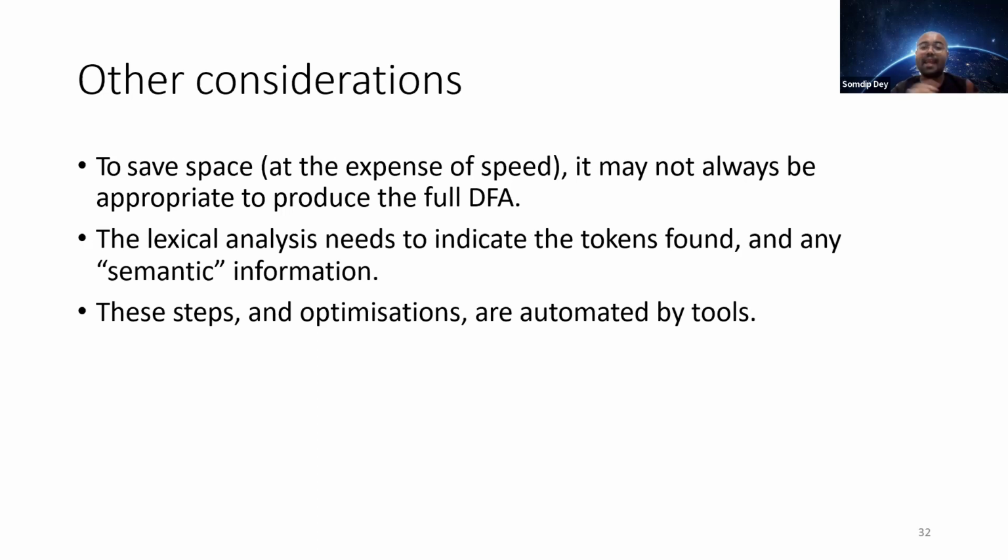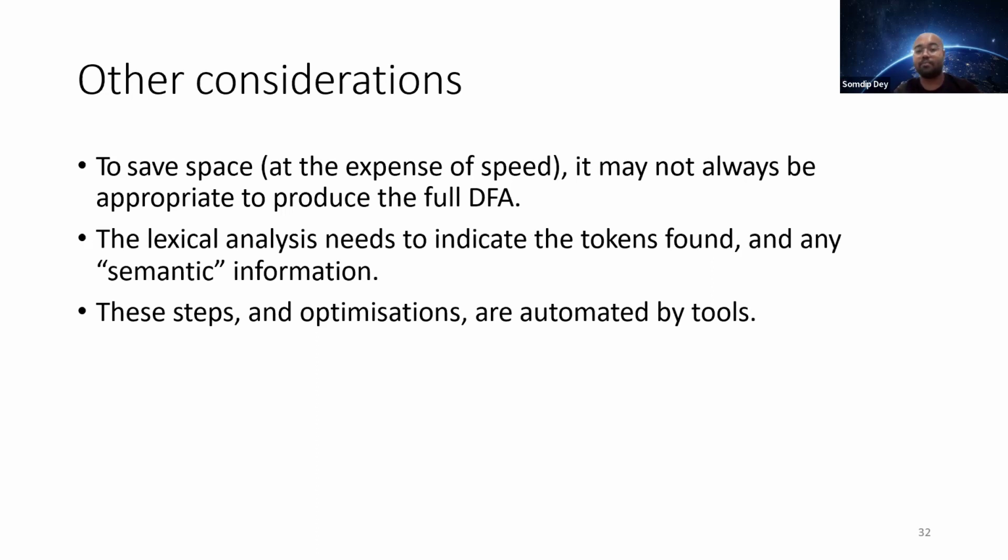The lexical analysis needs to indicate the tokens found and any semantic information. The reason we do the DFA is because from the DFA, we can generate the state transition table, which makes it easier to understand which token is valid or not, or which token is found. And from there, you also determine the semantic information of the token as well.